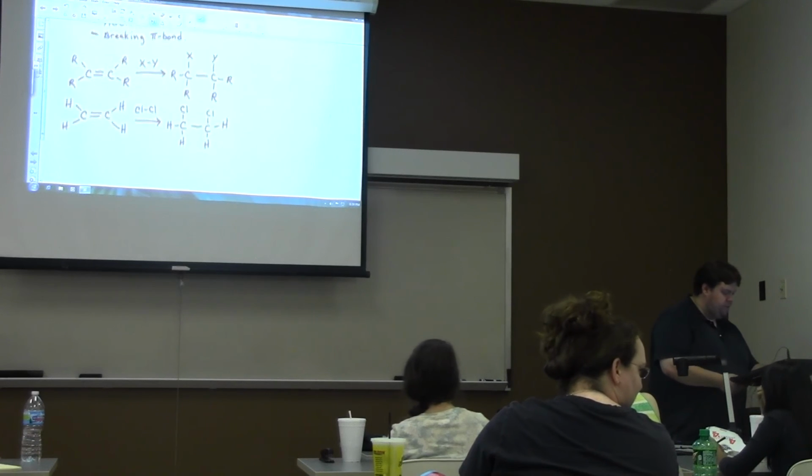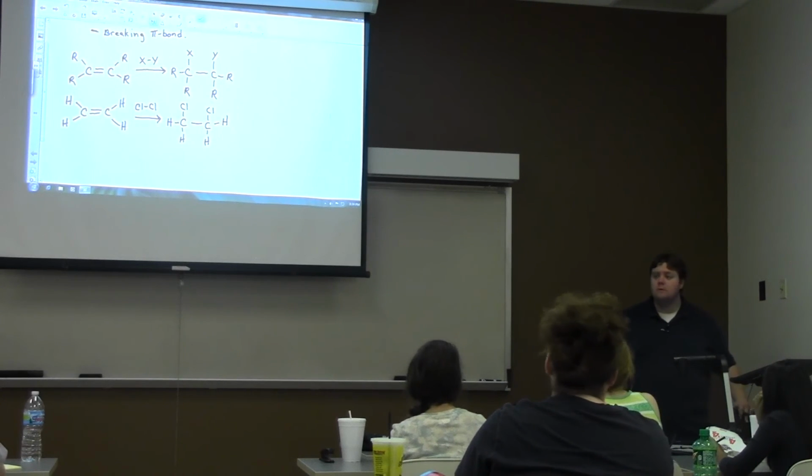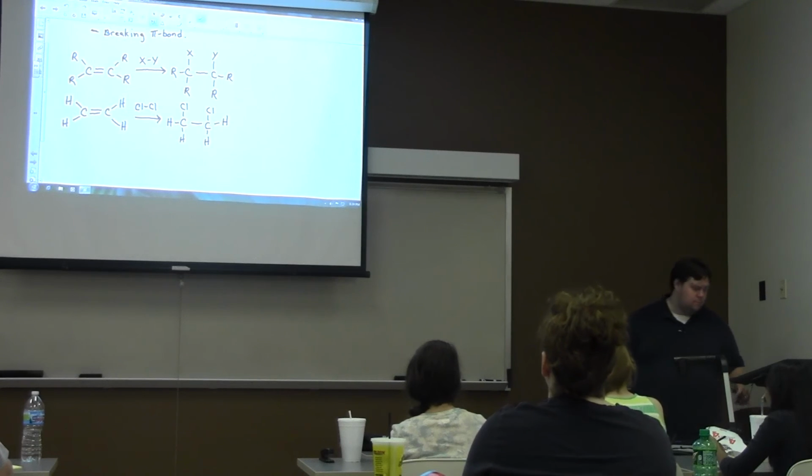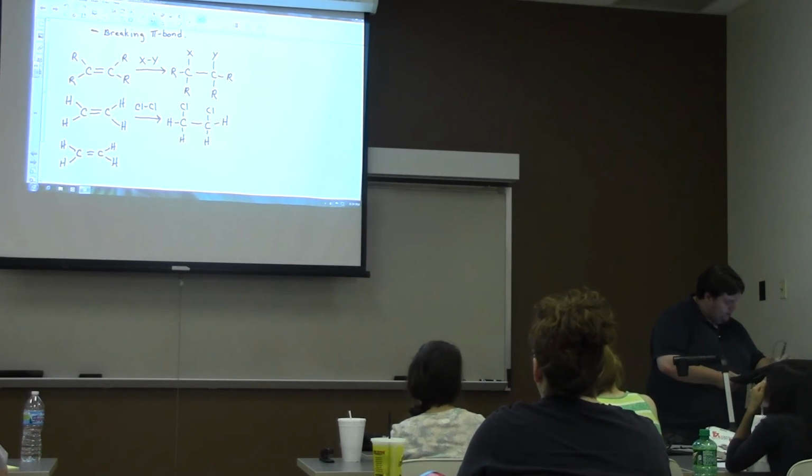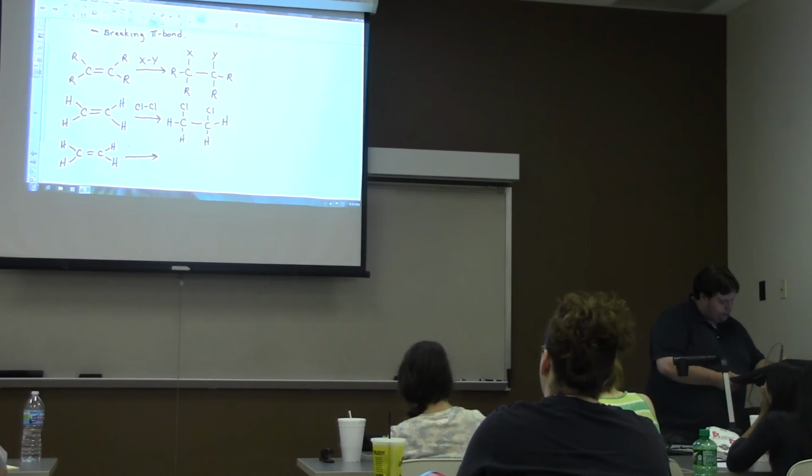Okay, so what do you think would happen if we used bromine instead of chlorine? What do we make? Wow. You think about that one. If I took ethene and reacted it with, instead of chlorine gas, what if I reacted it with hydrochloric acid?